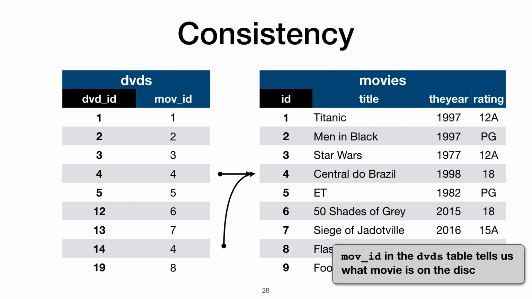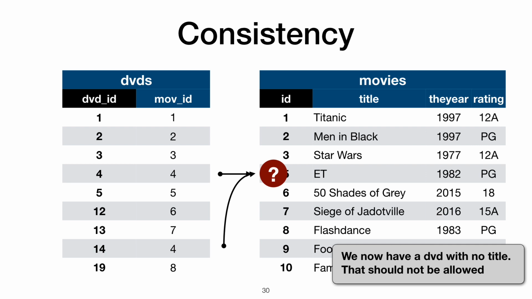Now, that makes sense. What happens if we delete item 4 from the movies table? Now we have a DVD in the DVDs table with no title.